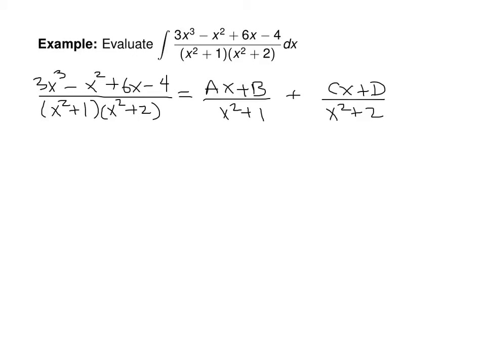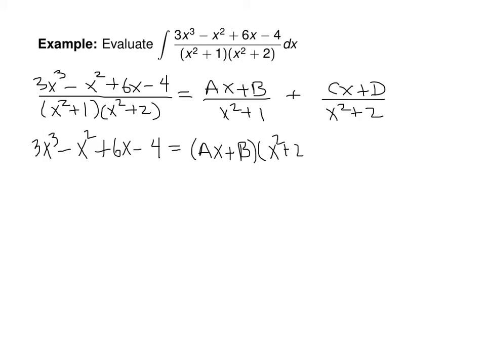Now multiply by the denominator and we get 3x cubed minus x squared plus 6x minus 4 equals Ax plus B times x squared plus 2 plus Cx plus D times x squared plus 1.